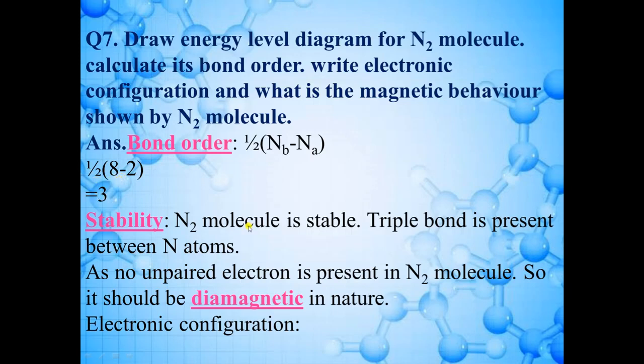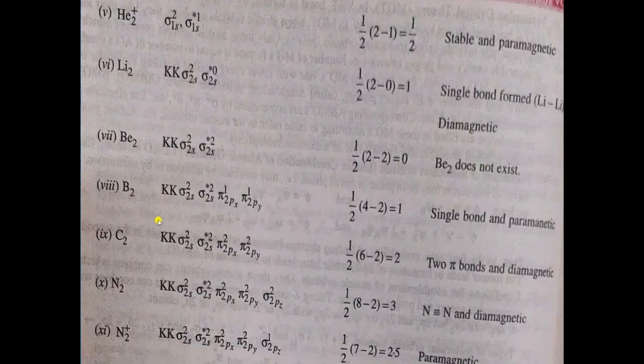So the N2 molecule is stable. A triple bond is present between the nitrogen atoms, and as there are no unpaired electrons, it is diamagnetic in nature. And this is the electronic configuration of the N2 molecule: KK means sigma 1s squared, sigma star 1s squared. After that, you write the electronic configuration in order of their energy.